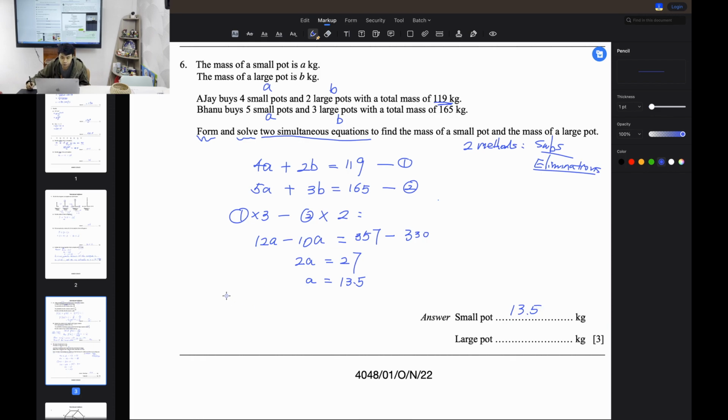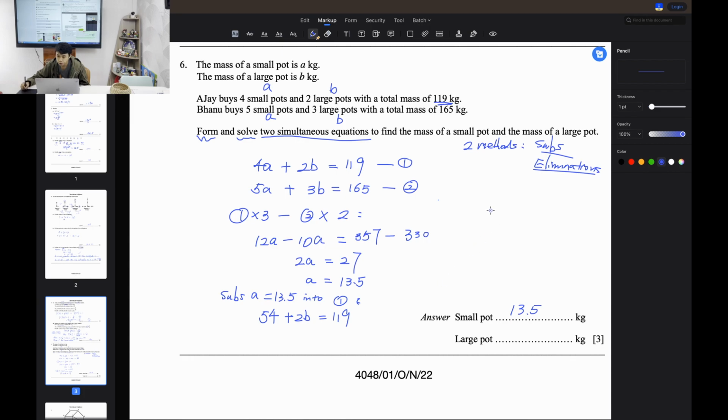Now substitute A equals 13.5 back into 2 or 1. Let's see, 1 is easier because 13.5 times 4 will be a nice number. So 13.5 multiplied by 4 equals 54. 54 plus 2B equals 119.